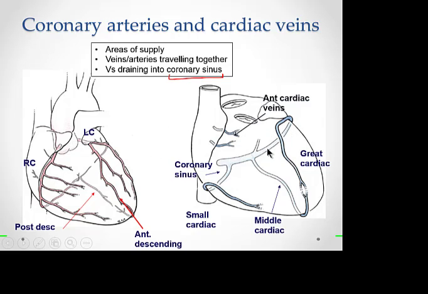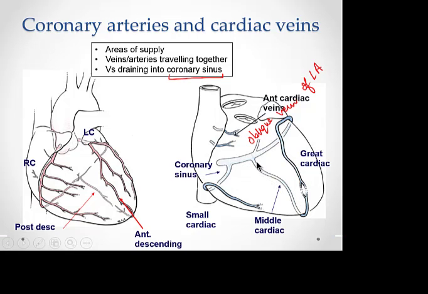It turns around and joins another vein up here, a little vein called the oblique vein of the left atrium. The two join together and form this big dilated vein which is called the coronary sinus. So the great cardiac vein travels from the sternocostal surface, turns around, joins with the oblique vein, and forms the coronary sinus.